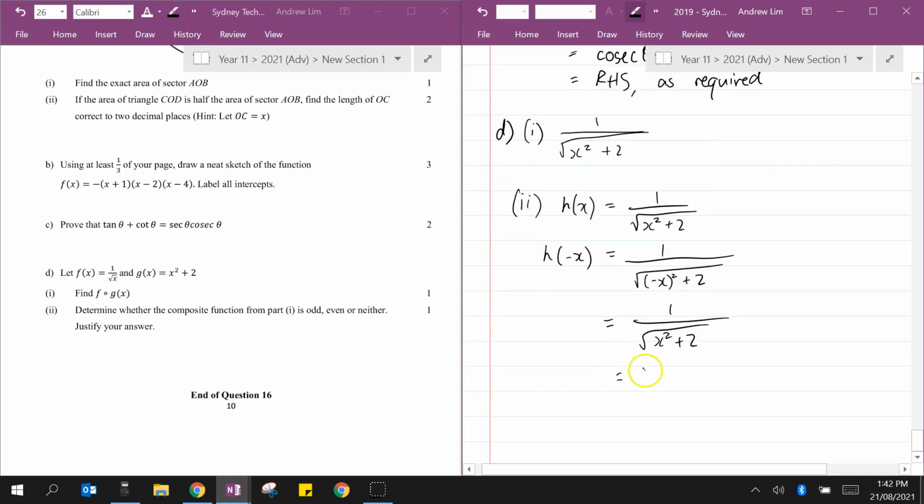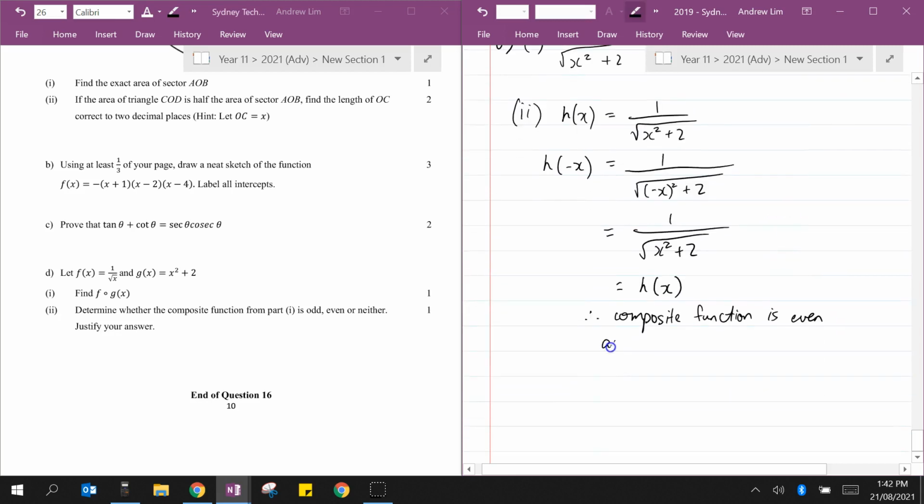So that's equal to h of x, and therefore the composite function is even, as h of x is equal to h of negative x. Okay.